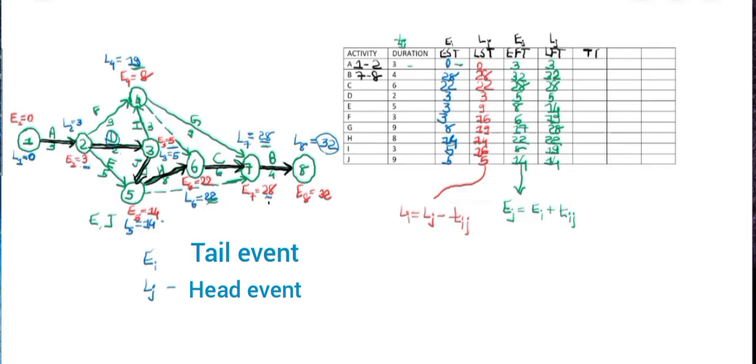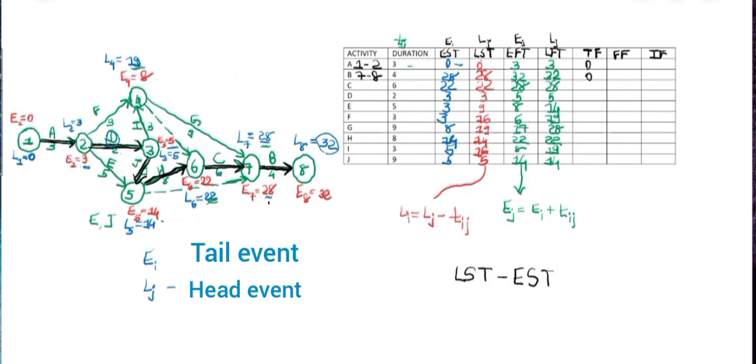Then next we'll find the total float. Then the free float, and finally the interfering float. Here for the total float, we can either use LST minus EST or LFT minus EFT.